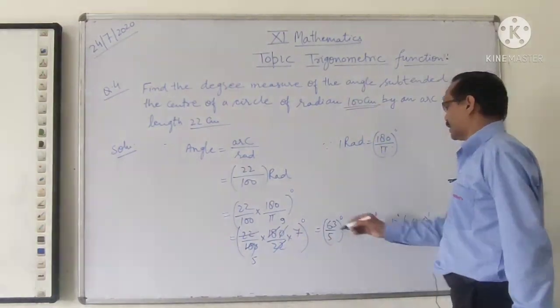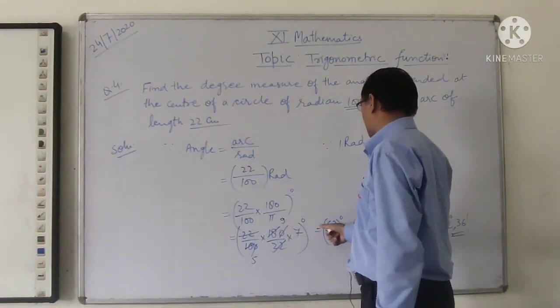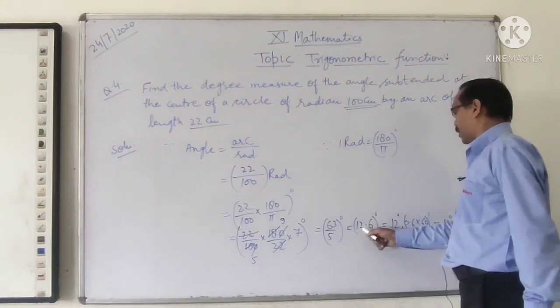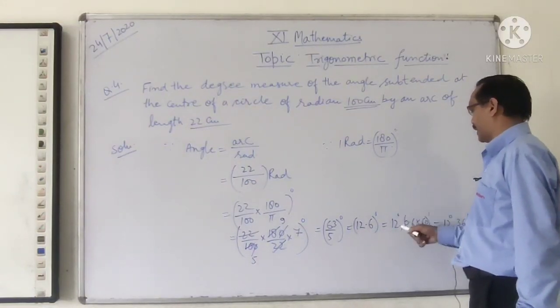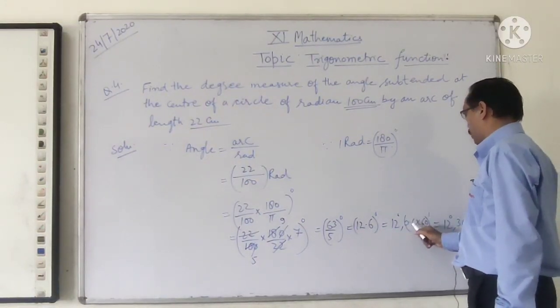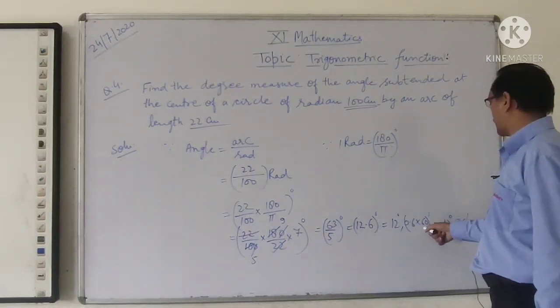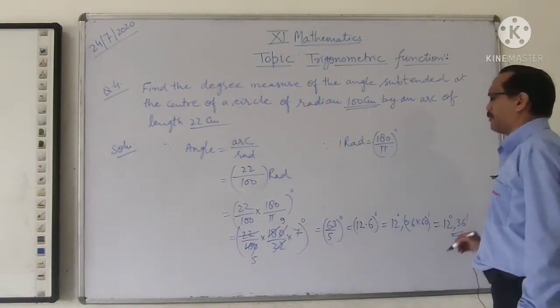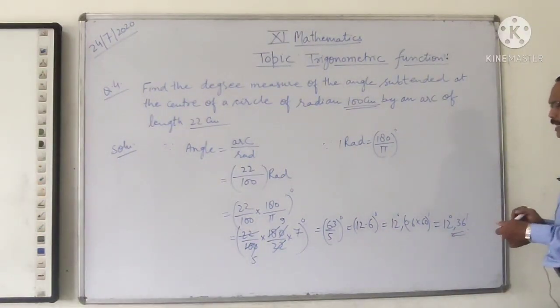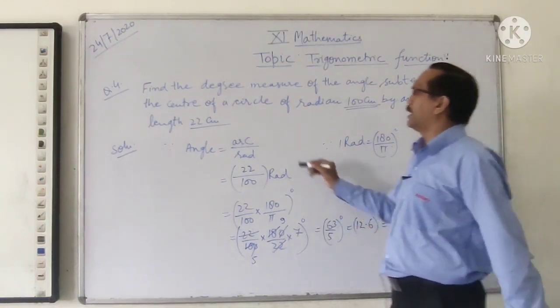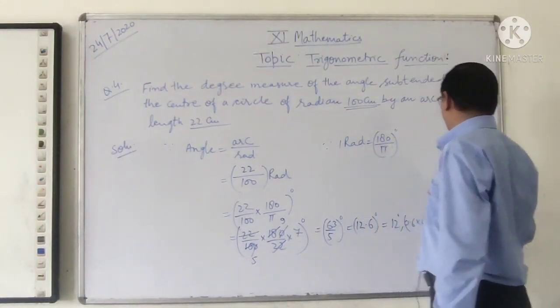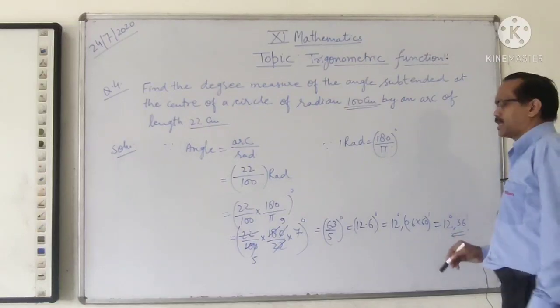Then 9 7 is 63 upon 5 degree, or it is 12.6 degree. 12 degree and 0.6 into 60 minutes. So it is 12 degree and 36 minutes. So the angle measure in degree equals 12 degree 36 minutes.